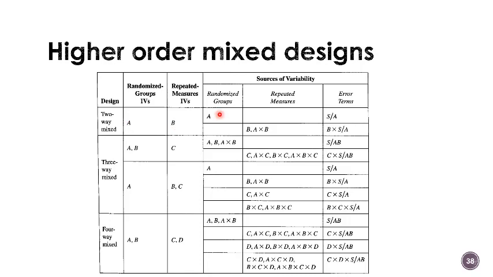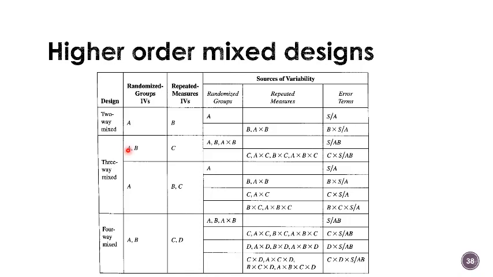A is randomized groups, and it gets its own error term, S with an A. B and A times B, that's because both of these include B, right? So it's B with any of the randomized groups effects is going to have the same error. So B times S with an A. That's pretty straightforward.